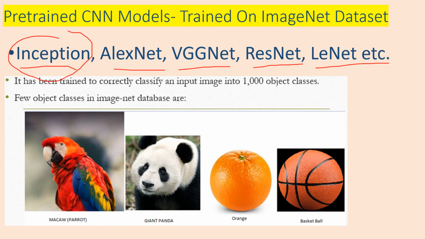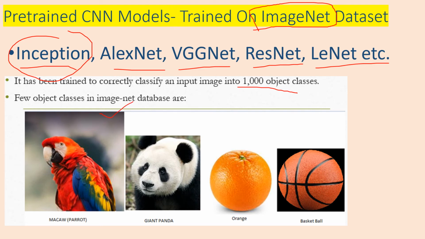Inception is developed by Google, and all these models have given very good accuracy when trained on a data set called the ImageNet dataset. ImageNet has thousands of image classes, nearly 20,000, but for training these pre-trained models, only 1,000 object classes have been used. So these CNN models can recognize these 1,000 image classes with high accuracy.